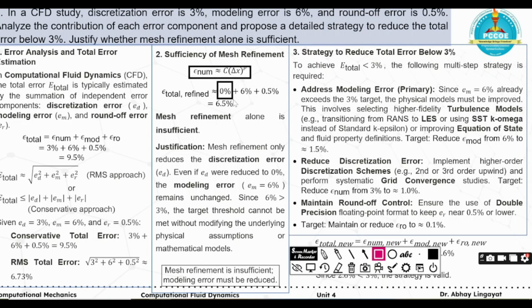However, the modeling error and round off error are independent of the mesh density. In fact, round off error can increase with the mesh density due to the higher number of operations.